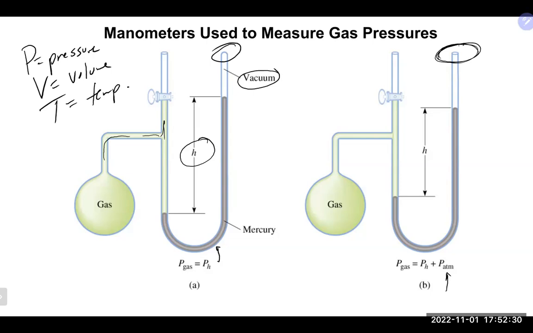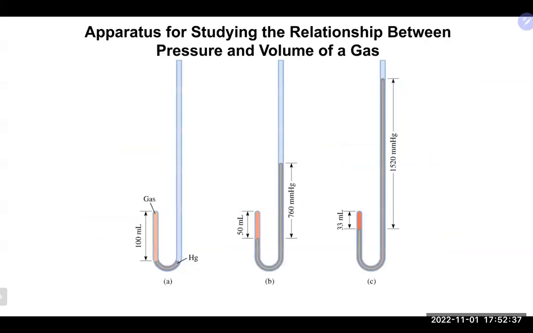In some cases, we may just vary everything. But those are the important variables that we deal with. So the first relationship we're going to look at is Boyle's Law. Boyle's Law dealt with pressure and volume and held temperature constant in this case.